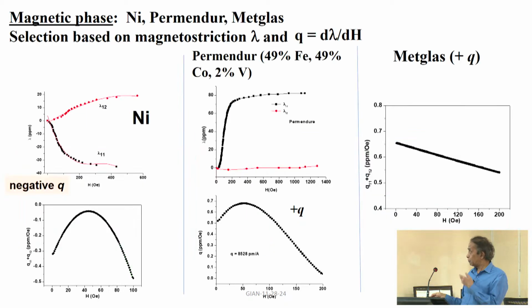And these are the traditional ferromagnets. We are familiar with all these variations in the magnetostriction as a function of bias magnetic field. Nickel has negative magnetostriction, permendur has positive magnetostriction, and Metglas also has positive magnetostriction. And the bottom curves here show the piezomagnetic coefficient versus static field, and this one is for Metglas.